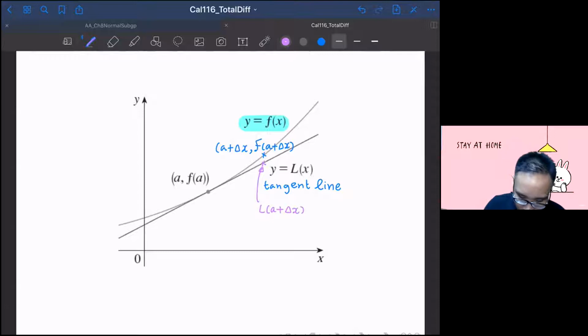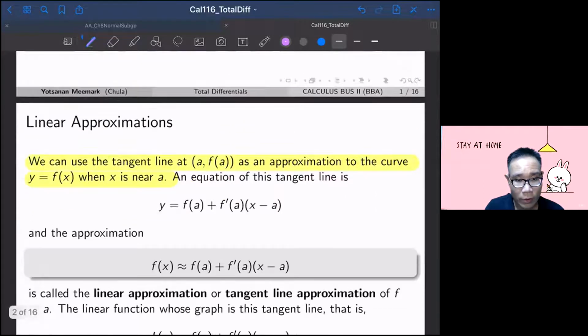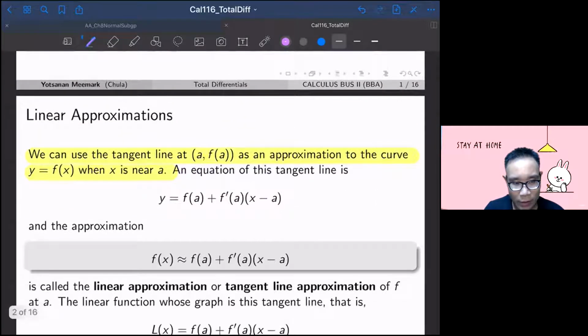This is the value at the tangent line, L(a + Δx). This is the clarification for this first sentence.